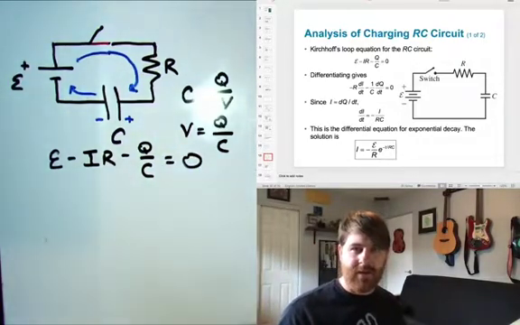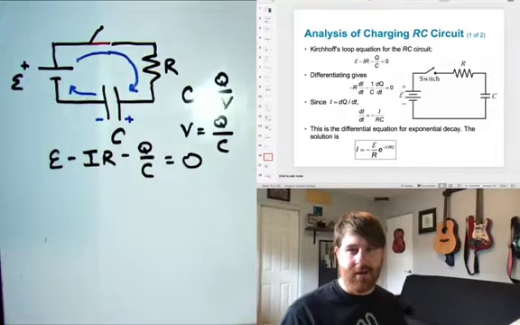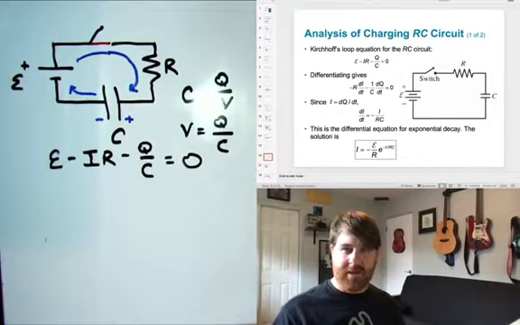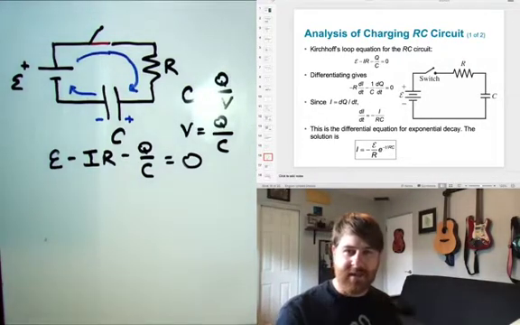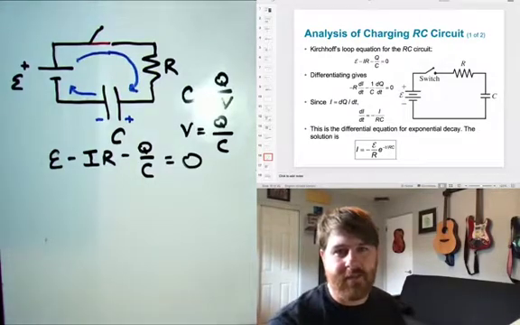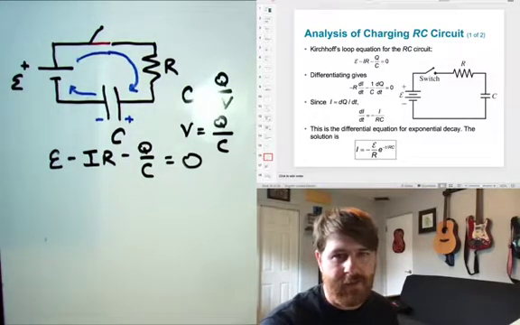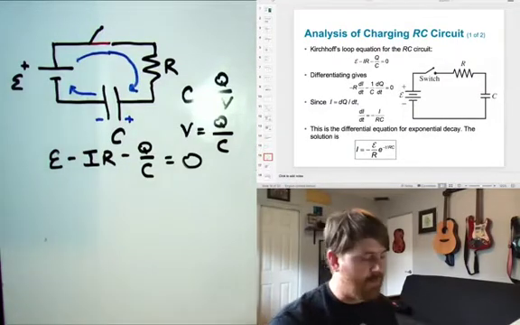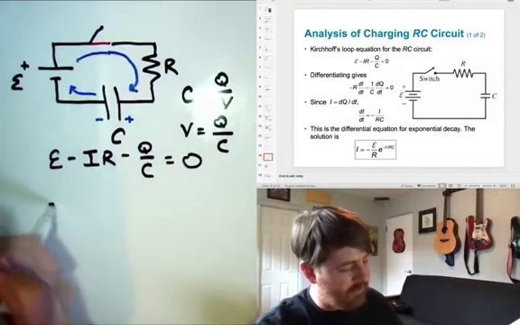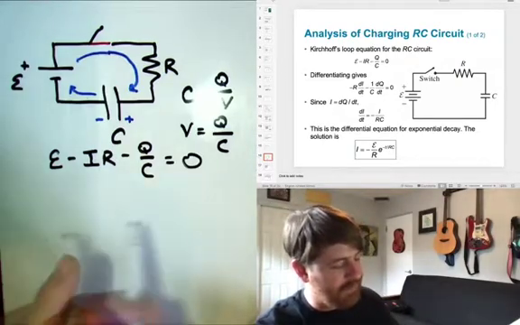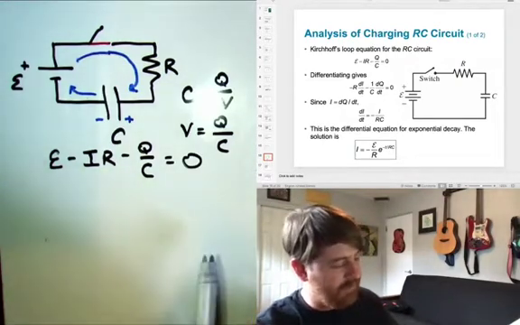Right, now we can differentiate. And that's because there's only two quantities that are changing here. The current is changing, and the charge is changing. So we can write minus, what's the derivative? Sorry, I'm not dividing by dt, I'm differentiating both sides.